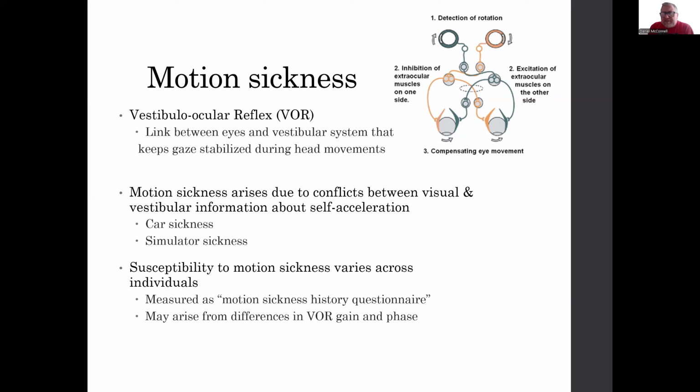And what we see is that there can be some individual differences, right? Some people just don't experience it. Some people do. And so one thing we want to try to understand is, can we predict someone's susceptibility to motion sickness and therefore maybe not give them exposure to these kinds of displays, right? So you want to maybe be able to rule out the tendency to get sick beforehand.